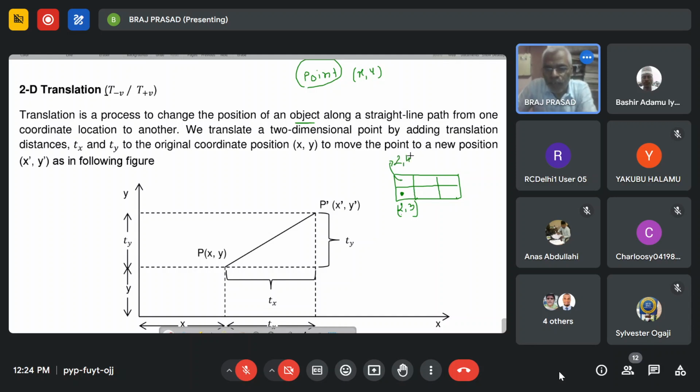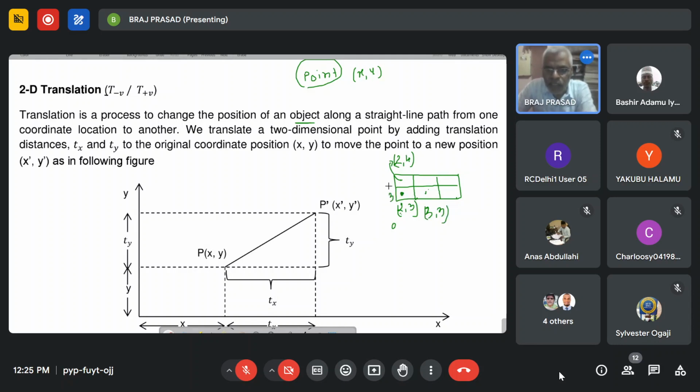If our origin is at the bottom, then this is our 2, then it will be 3. So the coordinate of this place will be 2 comma 4. And what will be the coordinate of this place? The value of x will be increased by 1. So 2 becomes 3 comma 3. The row remains the same.